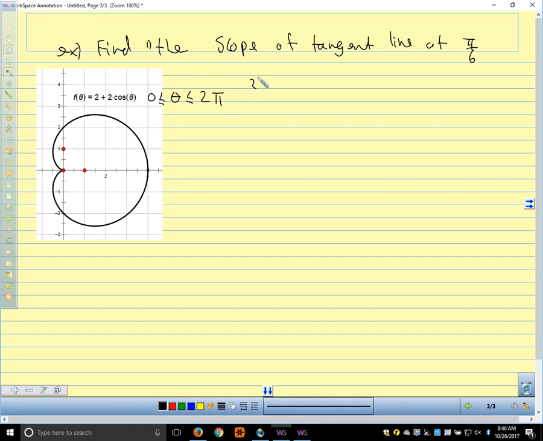We want to find points with horizontal tangents. And I'm just going to underline points. When we want points, we want r and theta, not just r, or not just theta. So we want to find points with horizontal tangents.